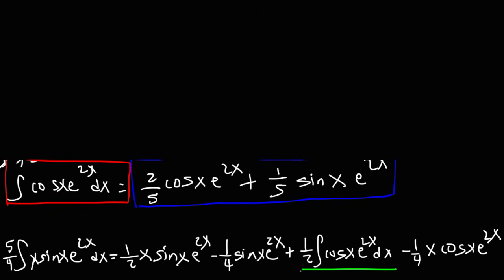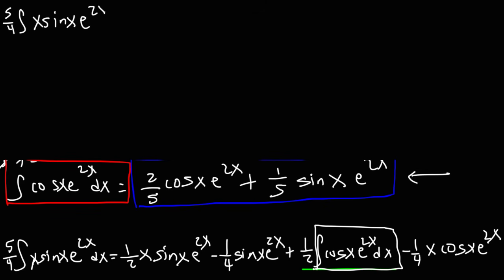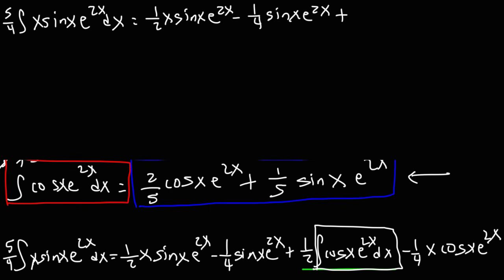So we need to replace this expression with what we have here, and then combine like terms. So 5/4 integral x sine x e to the 2x dx, that's going to be 1/2 x sine x e to the 2x minus 1/4 sine x e to the 2x. And then we have plus 1/2 times everything here.